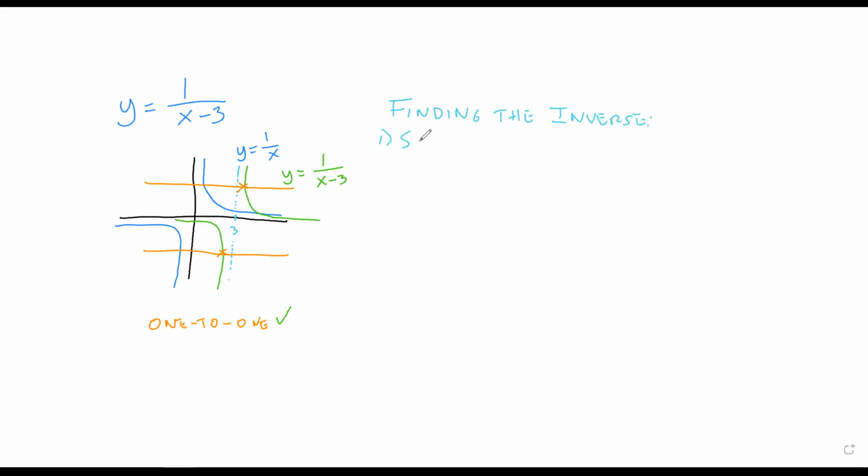So one is substitute x for y and y for x. And two, solve for y. So the original function is y equals 1 divided by x minus 3.